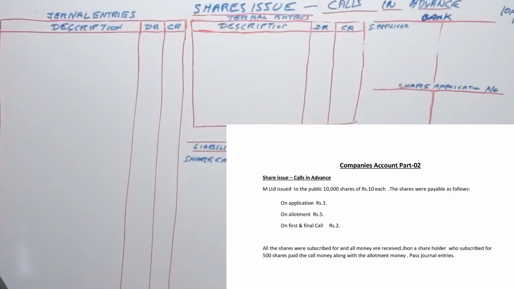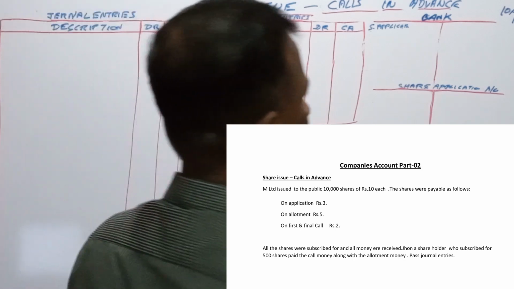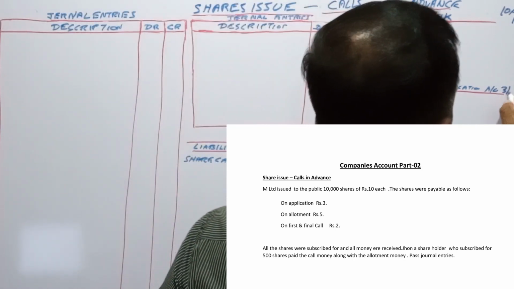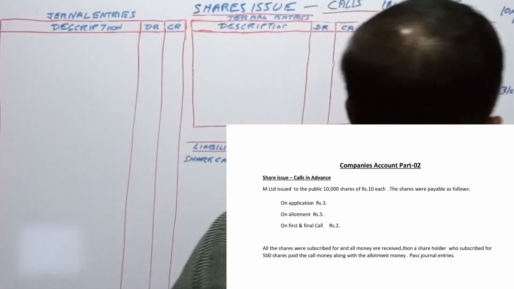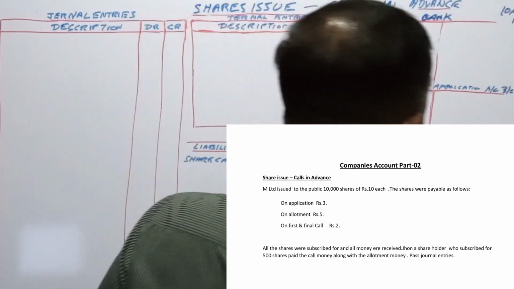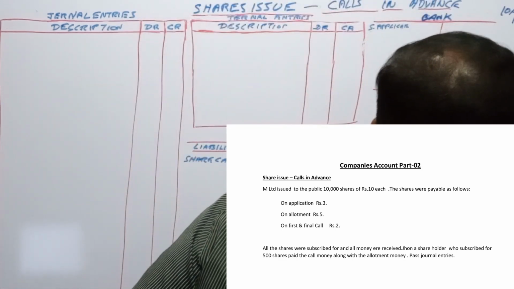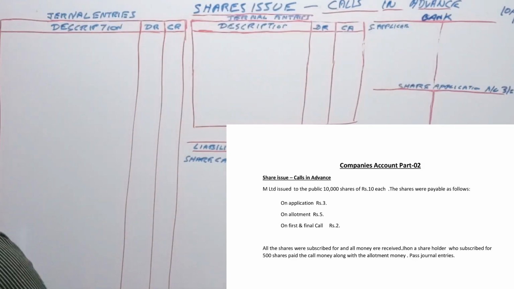The shares were payable as follows: on application 3, on allotment 5, and on first and final call 2 rupees. All the shares were subscribed for and all money was received.